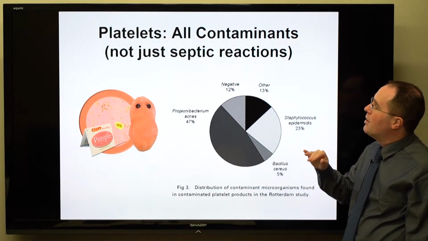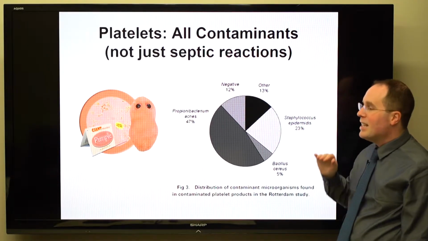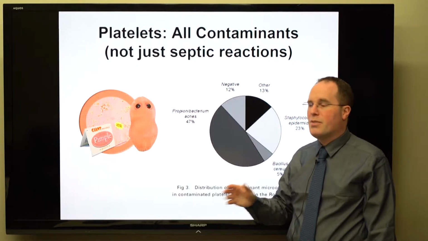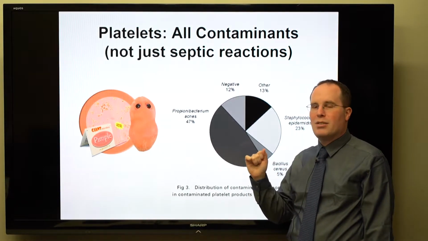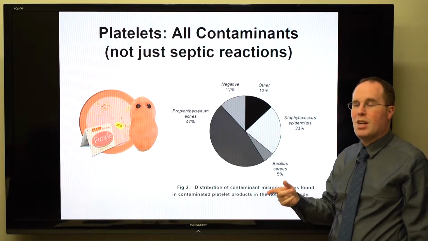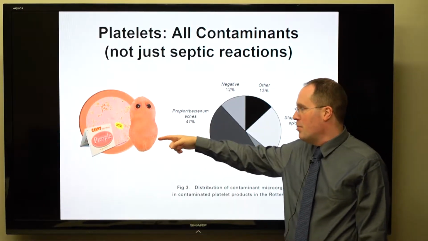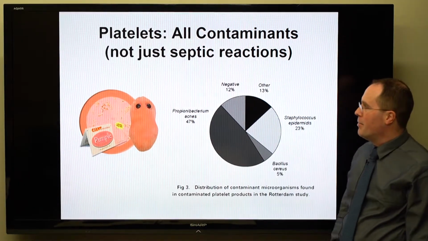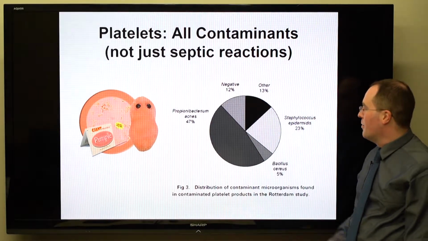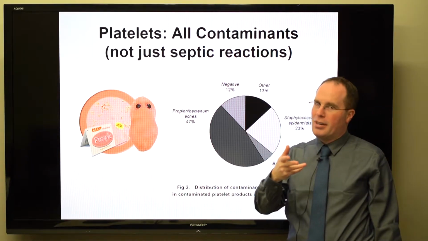But if you just look at all contaminants, so platelets that don't end up causing transfusion reactions, if you just culture 1,000 units of platelets, what's the most common bug that you find? What's the most common bacteria isolated is the zit bug, or the pimple bug, Propionibacterium acnes. So that's the most common bug. So depending on the question you get pimped with, right?